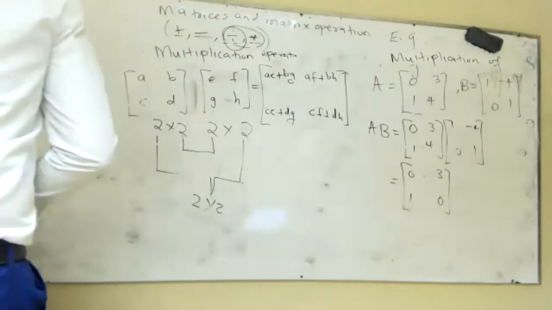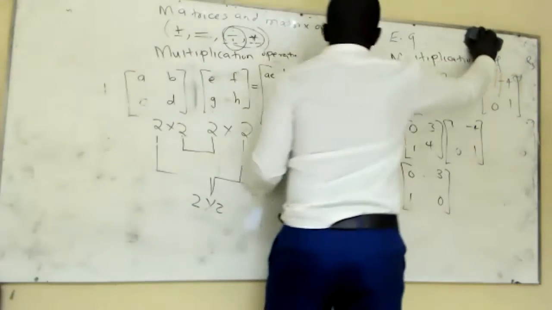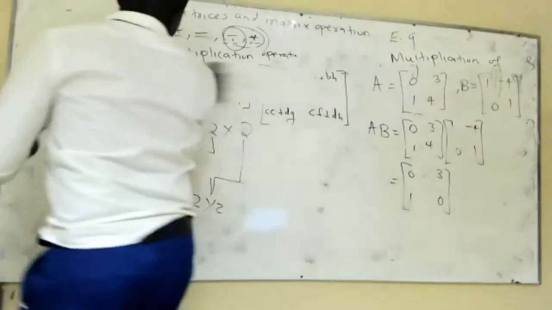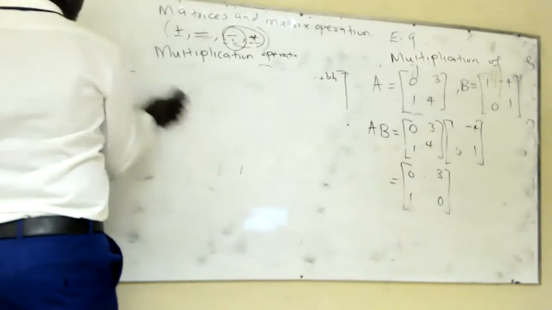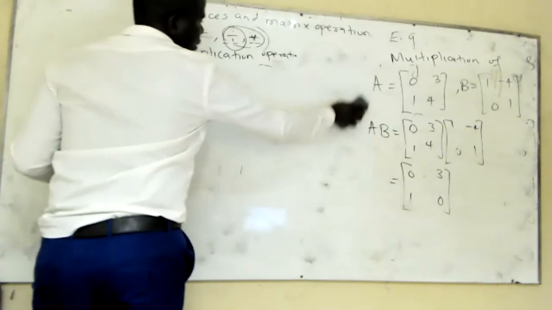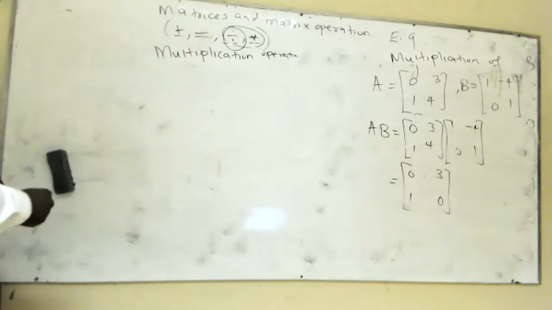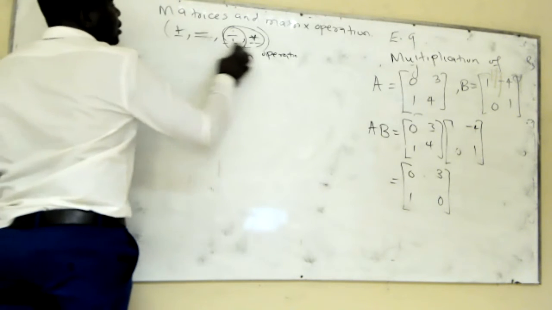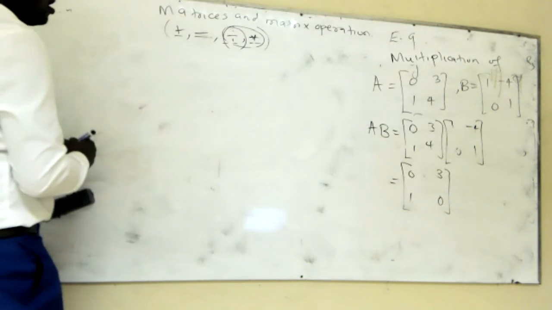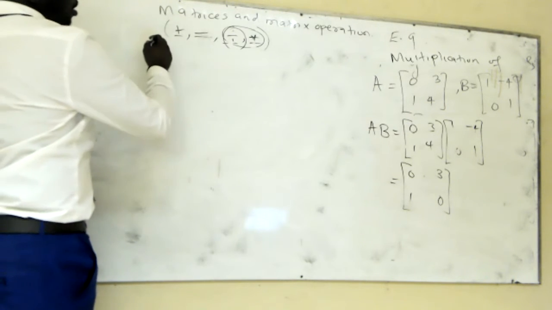So let me do that last operation just now. I'll do it for 2 by 2, and then for 3 by 3. I don't know if I should cover that for you now, because it requires a lot of things.